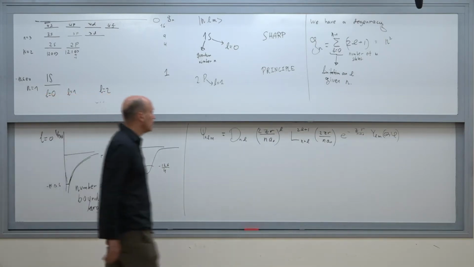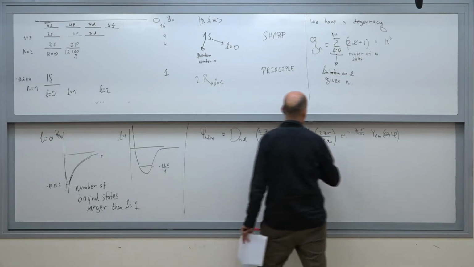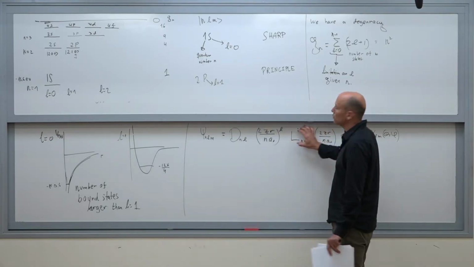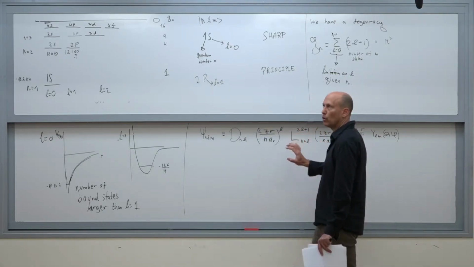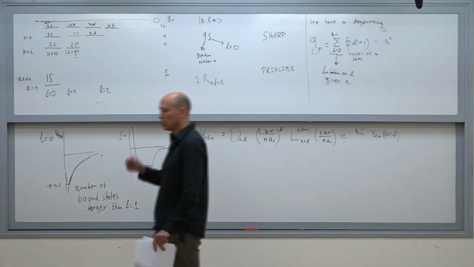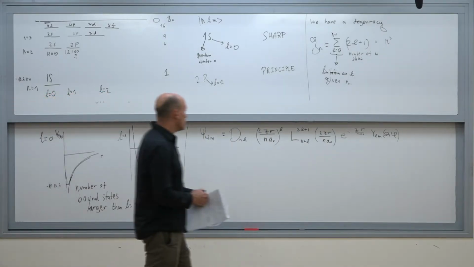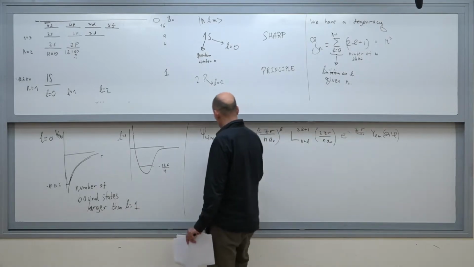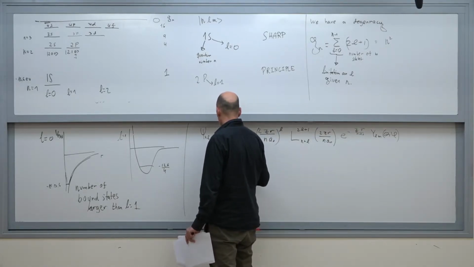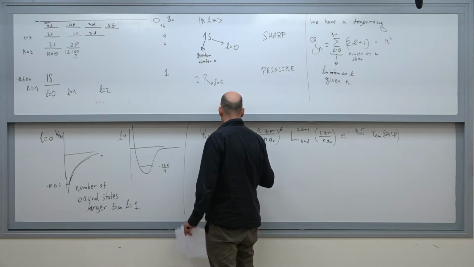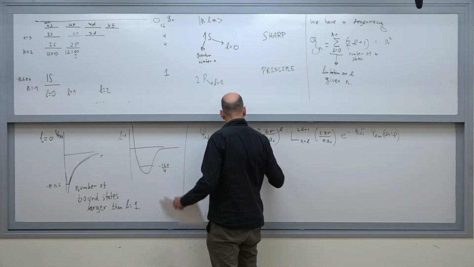This is the polynomial that we worked hard to calculate, or rather, we showed what the iteration rule is. This is called the associated Laguerre polynomial.